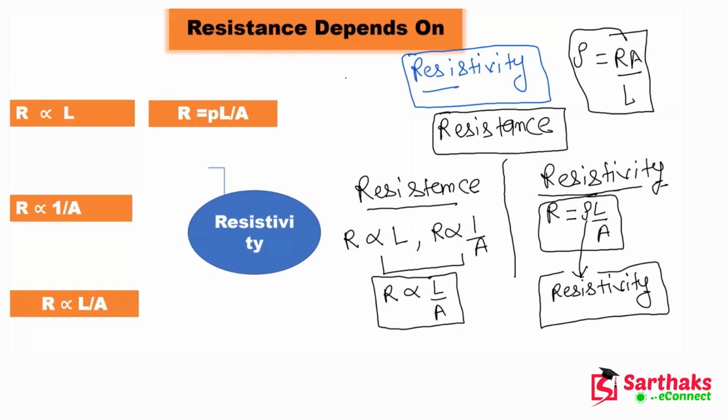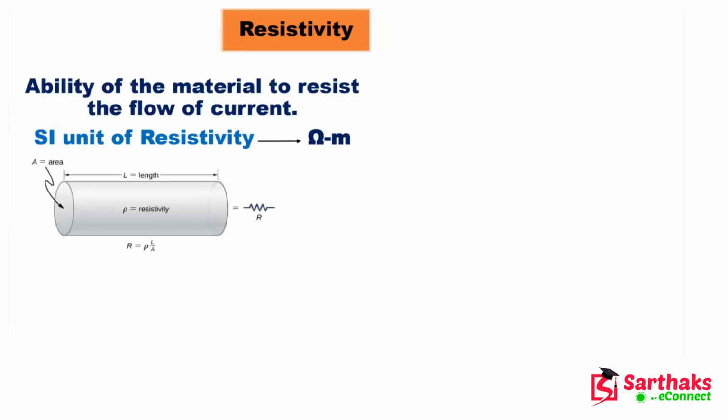Now let's move on to the next slide and try to understand the definition of resistivity. Resistivity is the ability of the material to resist the flow of current.